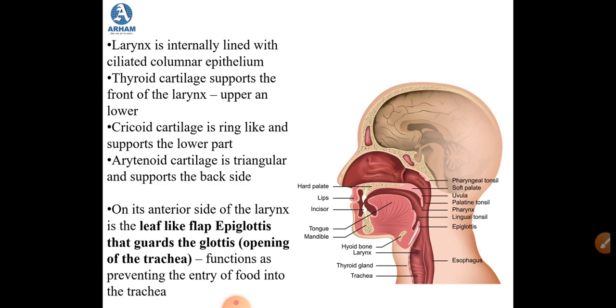Trachea is the windpipe. So when we are swallowing, the food should not enter the windpipe, but it should enter the food pipe, that is the esophagus. So this guarding or preventing the entry of food into the trachea or the windpipe is done by the epiglottis, which is a flap on the glottis.